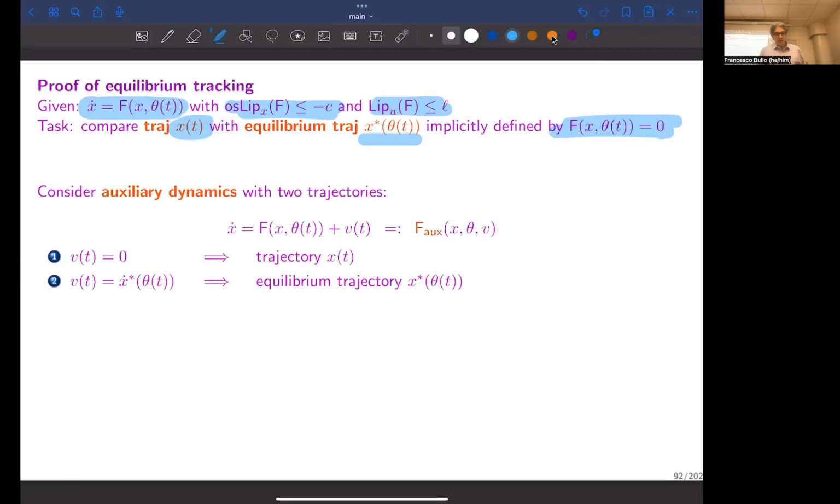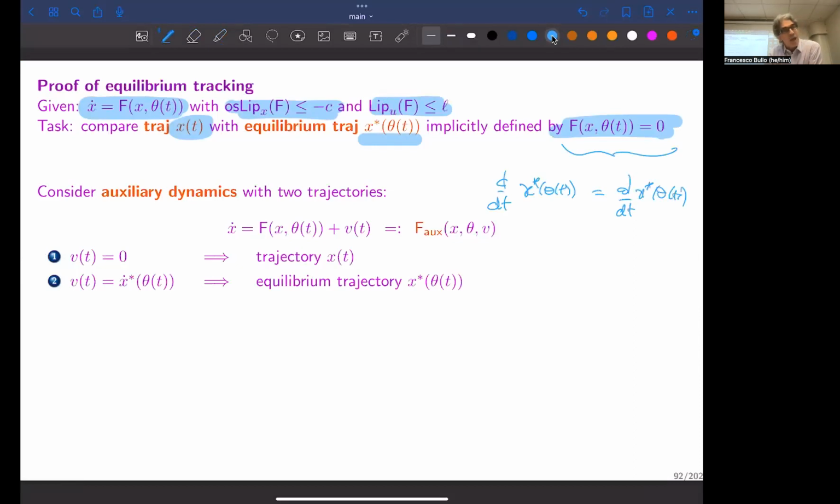Perfect. Now, wouldn't it be true that, it's the usual trick: you sum and subtract the same quantity. If this equation holds, then let me show you another equation that holds. The derivative with respect to time of x star of theta of time is equal to itself, the derivative with respect to time of x star of theta of time.